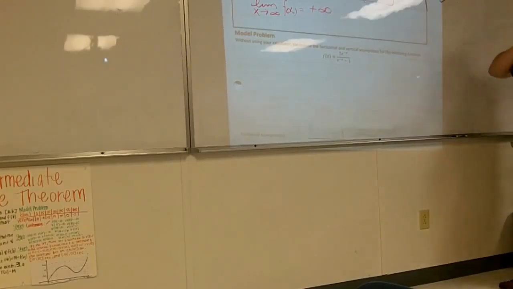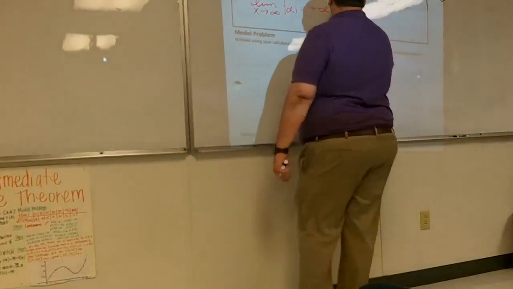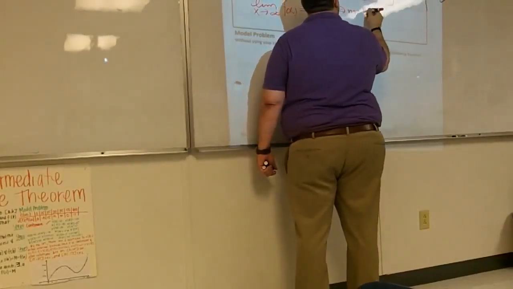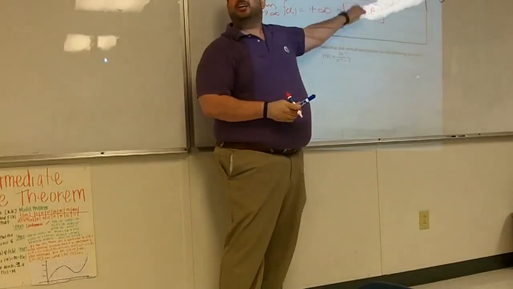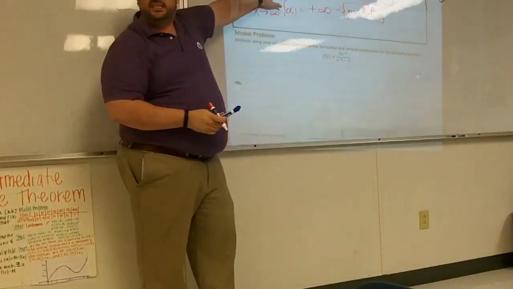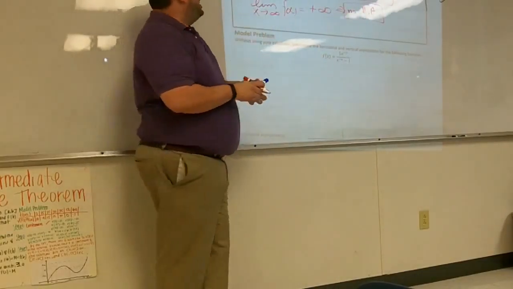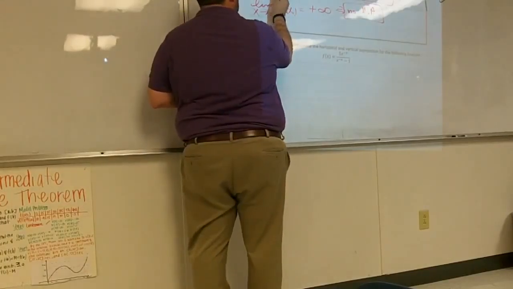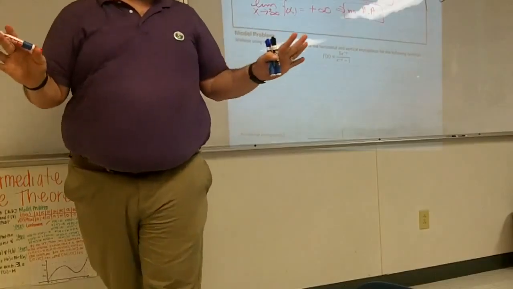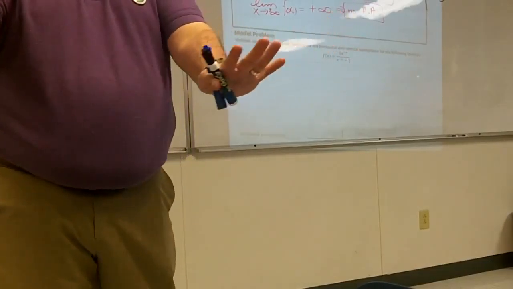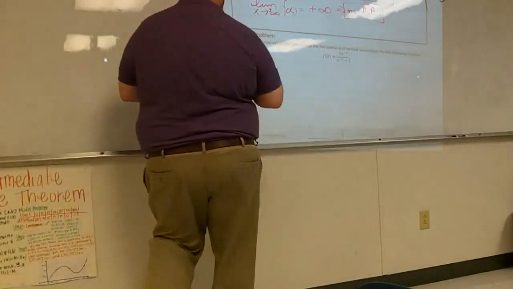No horizontal. There's no horizontal asymptote. In your asymptote work, I need to see the conclusion, and this is the supporting work. We know that we're going to check both positive and negative infinity, and it's important that we check both. Everybody okay? Yes. All right, thanks Juan.